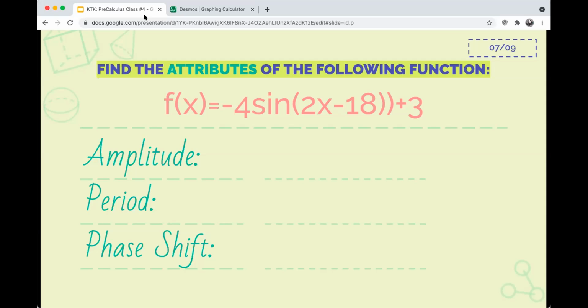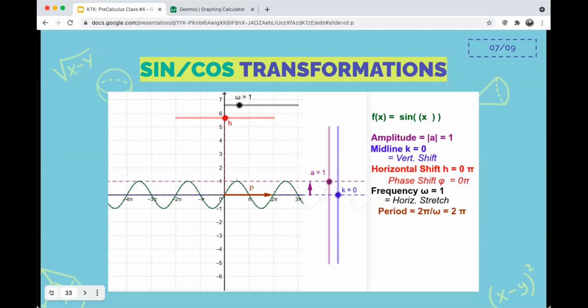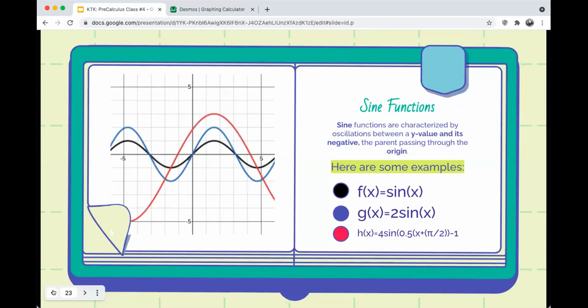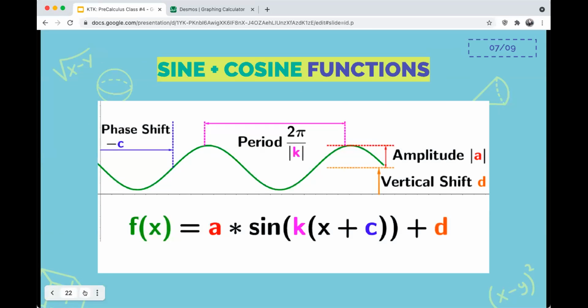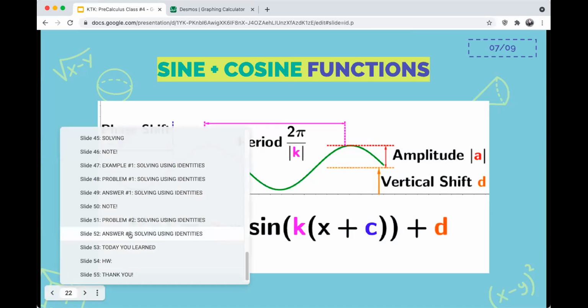The amplitude, the period, and the phase shift. Remember, the phase shift is the negative c, sorry, and the period is 2 pi over k, and the amplitude is the absolute value of a.